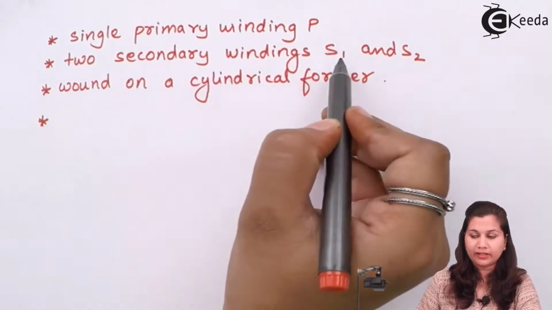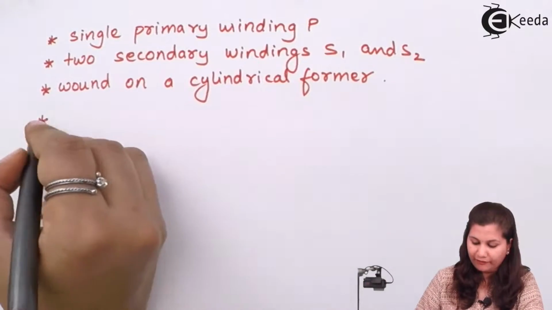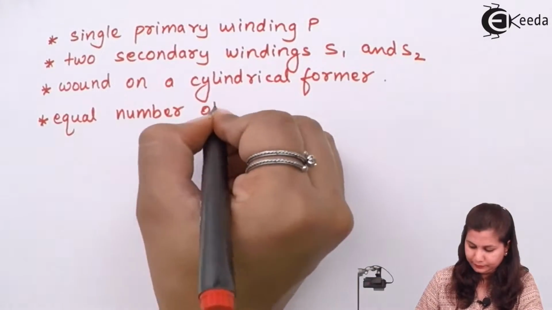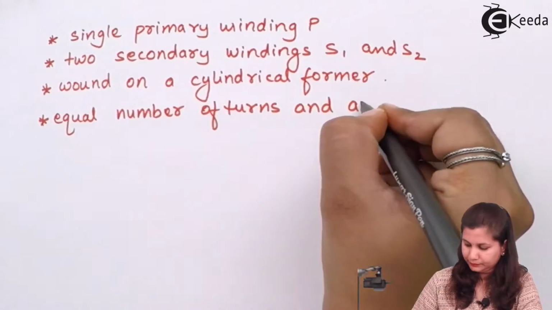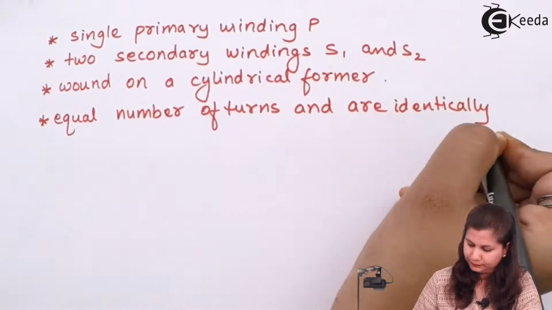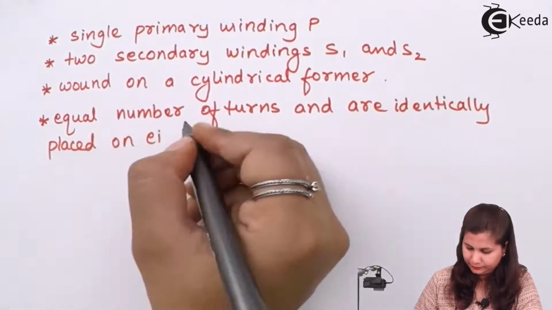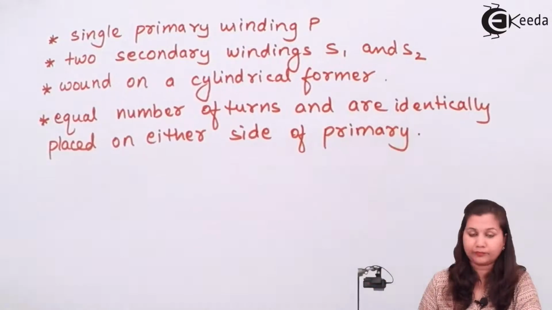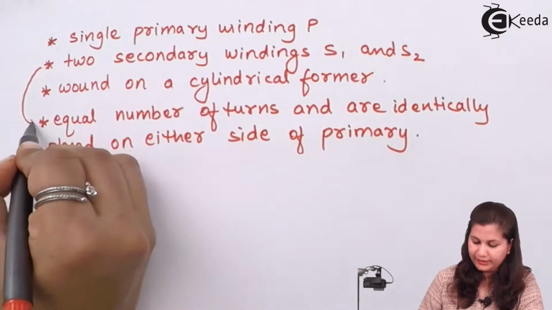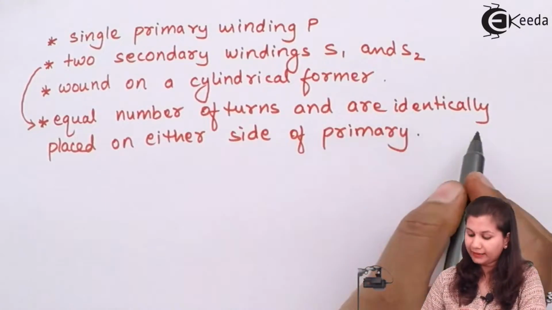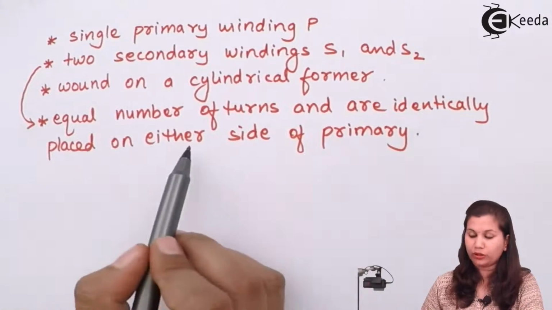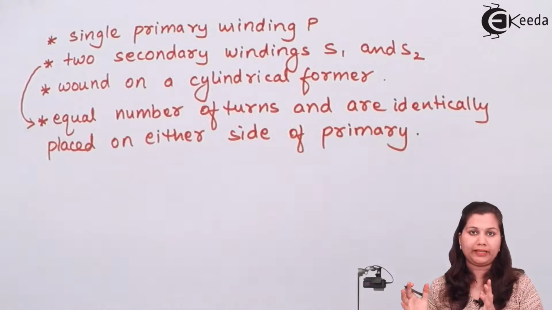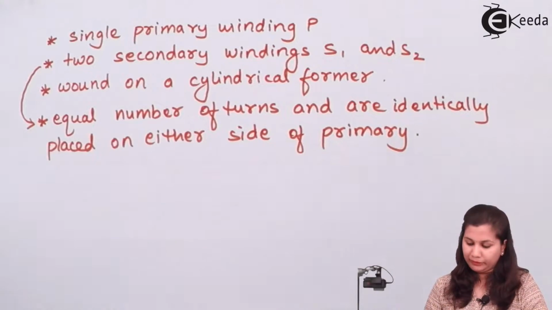The two secondary windings S1 and S2 have an equal number of turns, and they are identically placed on either side of the primary winding, which means at an equal distance on both sides of the primary winding.